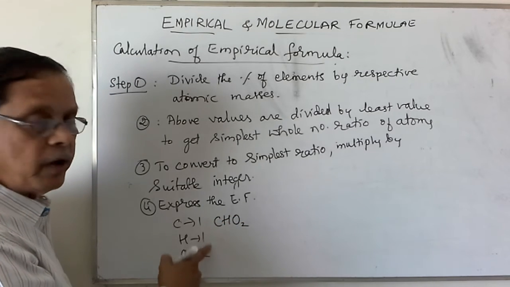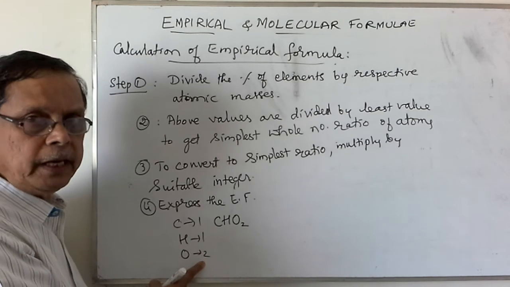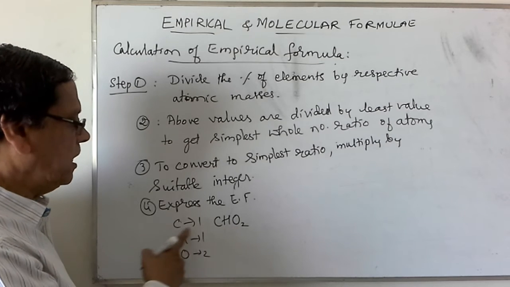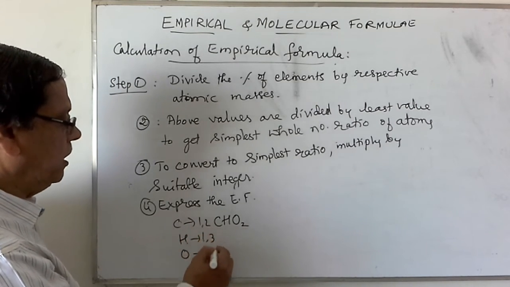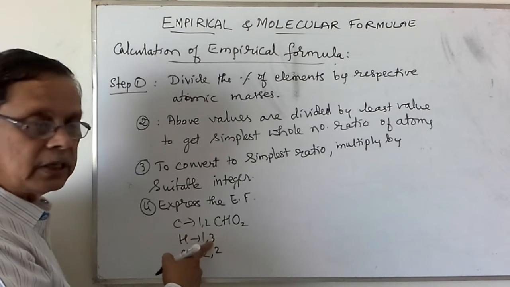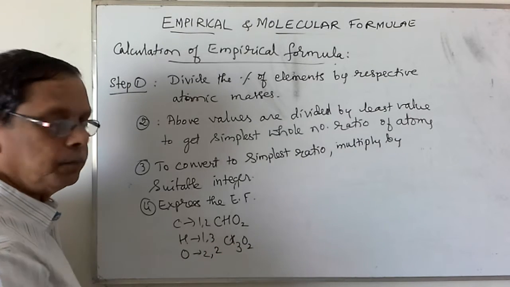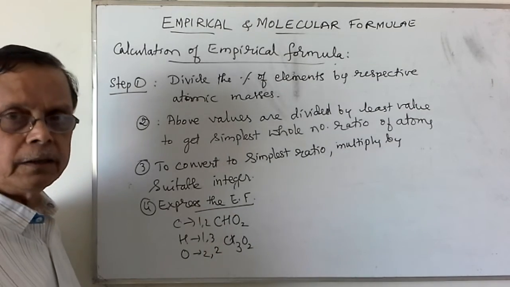No need to write this 1 and 1. Only the other numbers are to be written. Otherwise, this C and H indicate that they are 1 and 1. Similarly, if carbon is 1, hydrogen is 3, oxygen is 2, then we have to write the formula CH3O2. Like that we have to express the empirical formula.